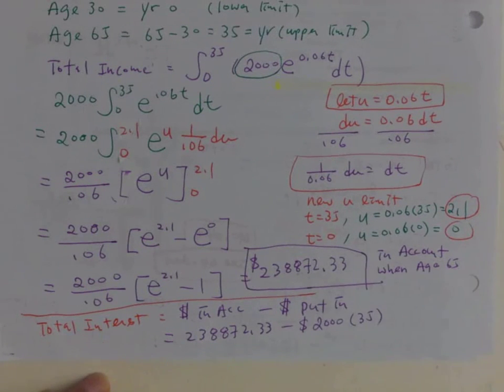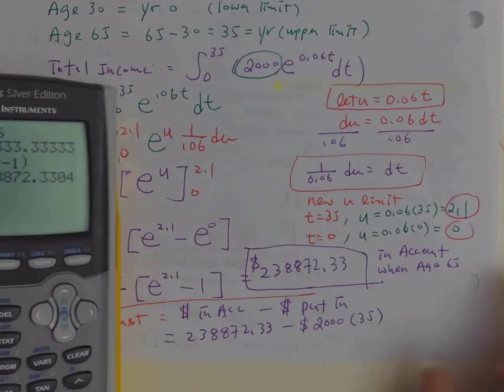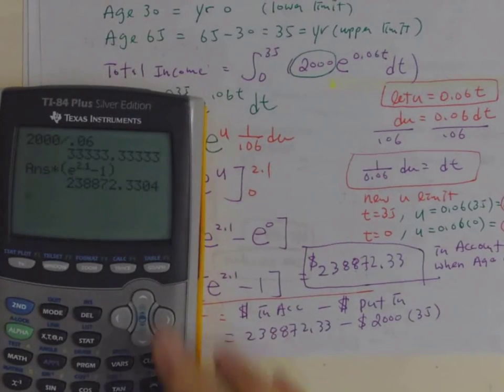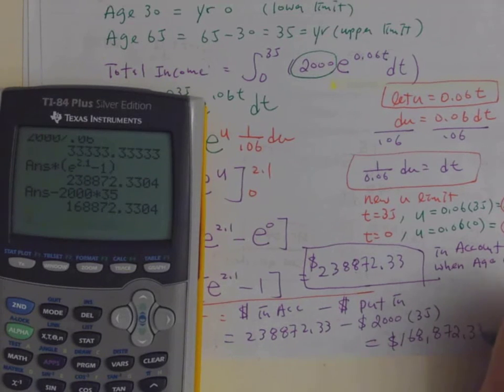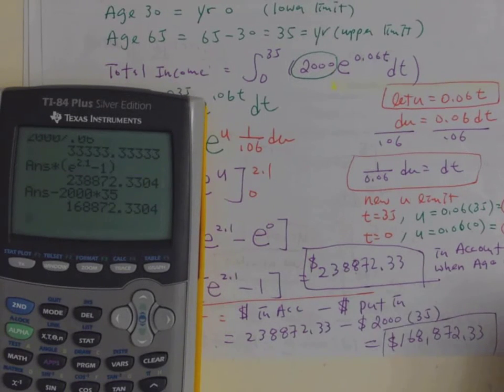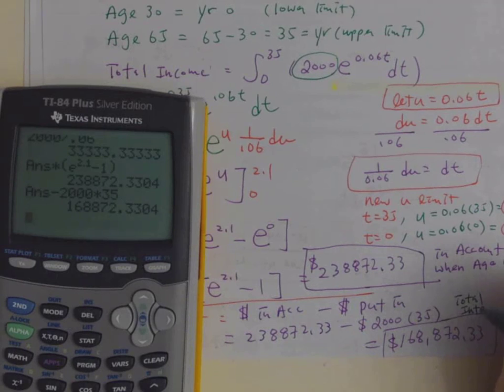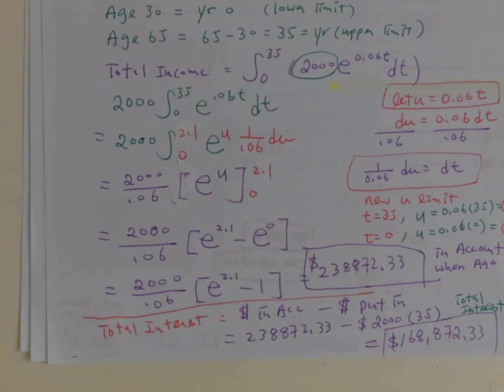So this number needs to subtract 2,000 times 35. So you make a lot of interest: $168,872.33. So this is the amount of interest you made over 35 years if you can find a deal that's 6% compounded continuously. So that's your total interest. Sounds like a really good deal. Alright, so that's this one.